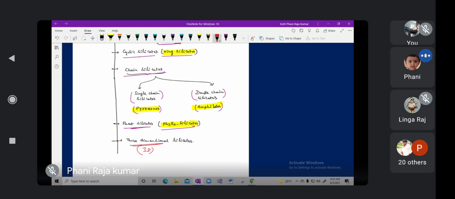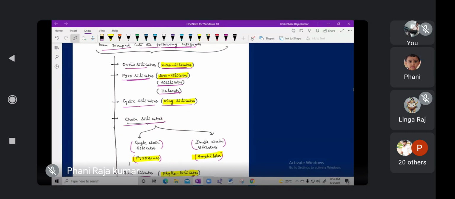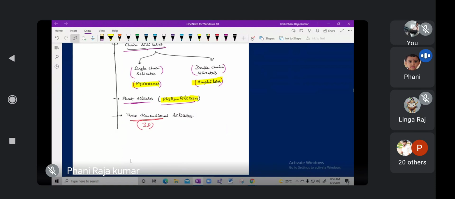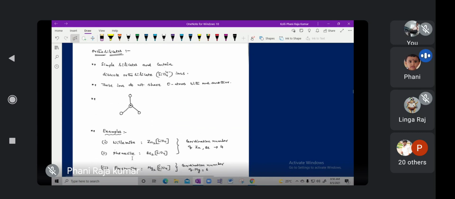So these are the 6 varieties: orthosilicates, pyrosilicates, cyclic silicates, chain silicates with 2 types, pyroxenes and amphiboles, sheet silicates, and 3-dimensional silicates. You have to practice the construction of these silicates, how SiO4 4 minus units are linked. Concentrate on that part. One by one, let us see now.